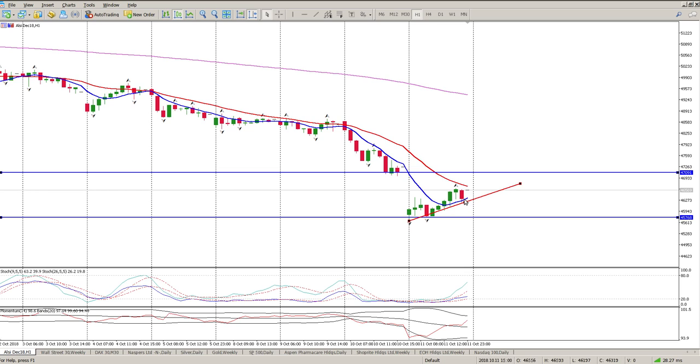I may take a stab at any pullback. Any pullback from the gap up may be worthwhile for taking a nibble for a long and seeing where we get to. But I'm going to want to see quite a bit more consolidation and some decent patterns forming before I start looking at this.